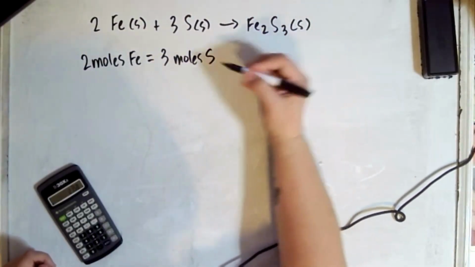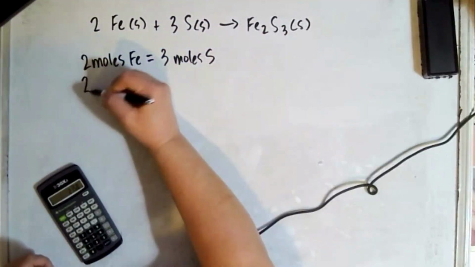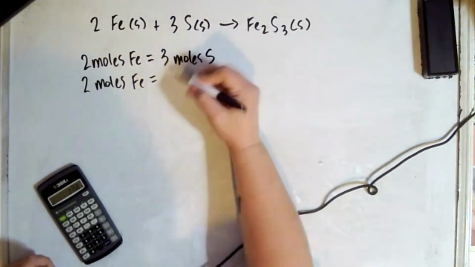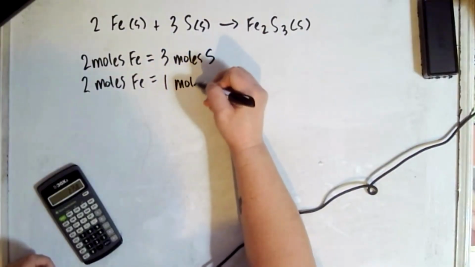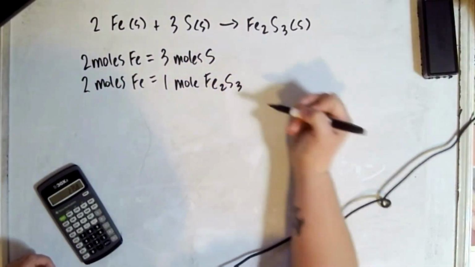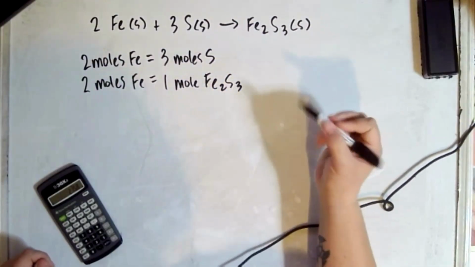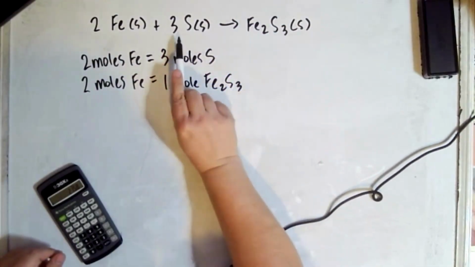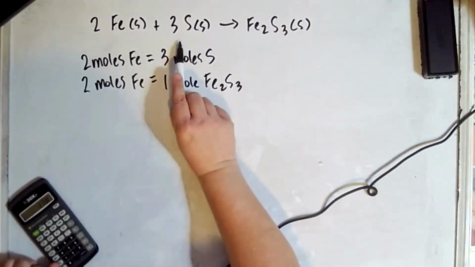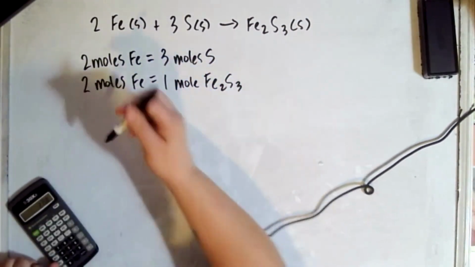Or we can say 2 moles of Fe equals 1 mole of Fe2S3. Which also means, continuing on with that, we could say that 3 moles of sulfur equals 2 moles of Fe, or 3 moles of sulfur equals 1 mole of Fe2S3.